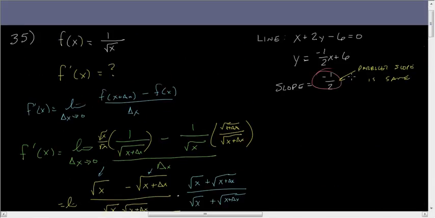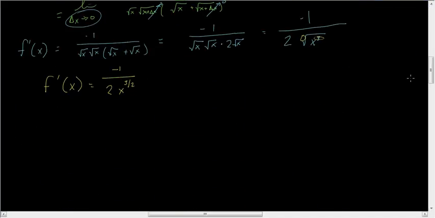And so this is also my slope, which means that f prime of x is equal to the slope, which means that -1 over 2 times x to the 3/2 is equal to our -1/2.